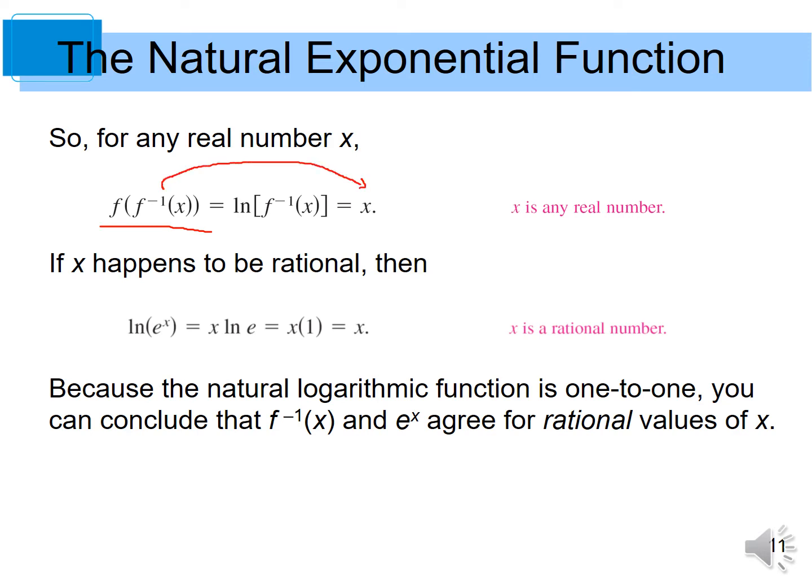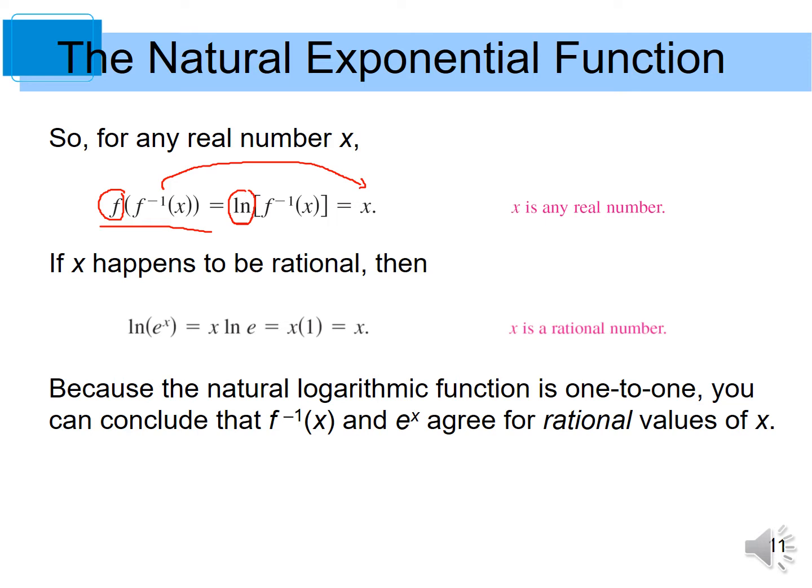Correct? Original function and inverse function, so we'll get back the x. And you know that the original function is the natural log function. So what is the inverse function that can produce x?